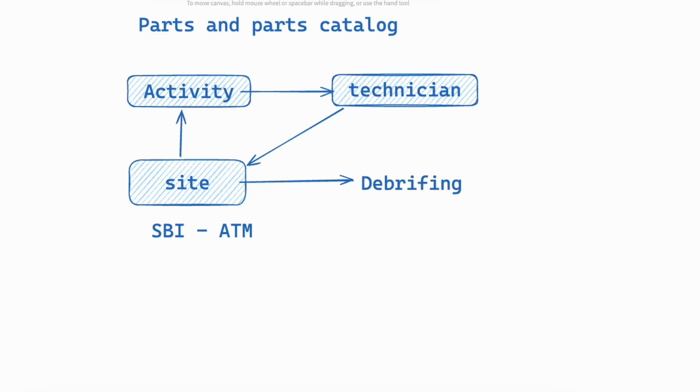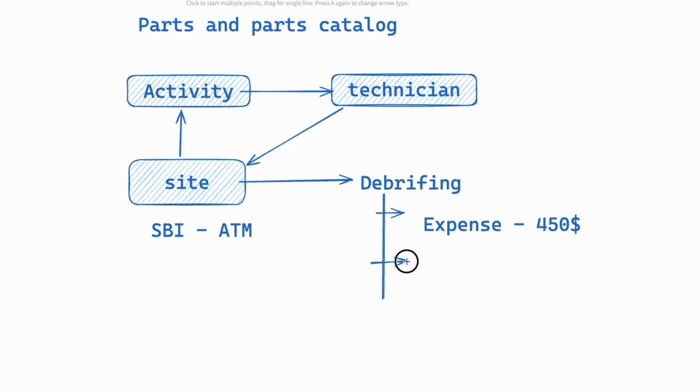So in debriefing, what he will do is create all the expenses. Suppose he visited the site and found that there is labor work, a wire cut, lots of work. So definitely there will be expenses. He will create a debriefing for expense, like I have spent $450.